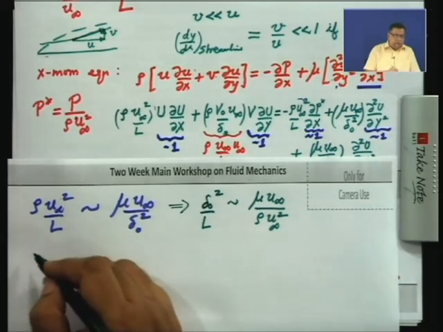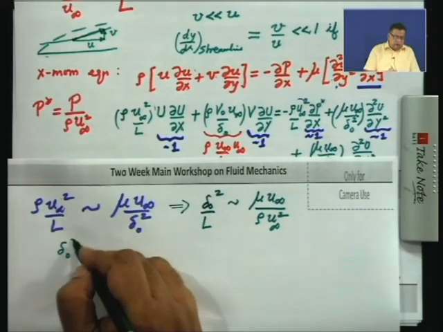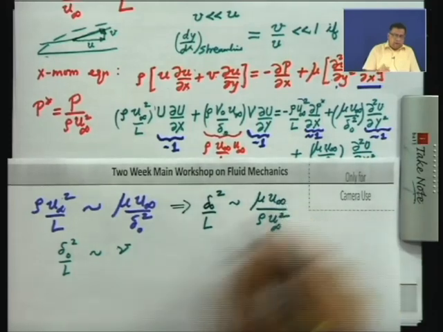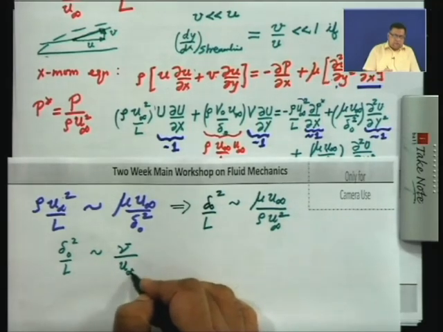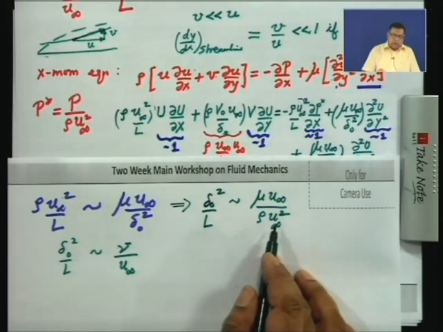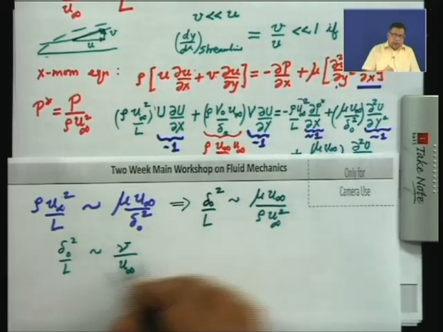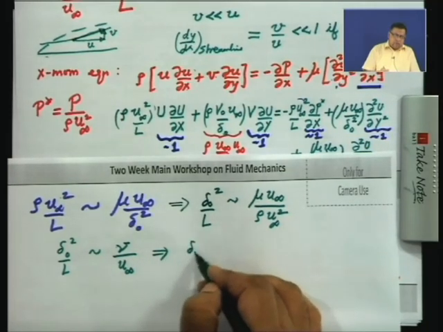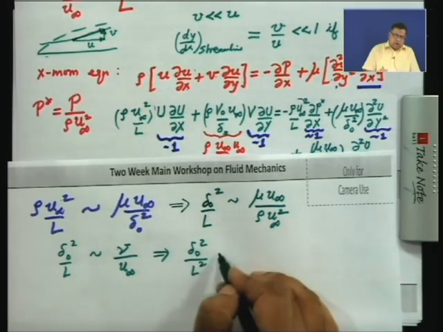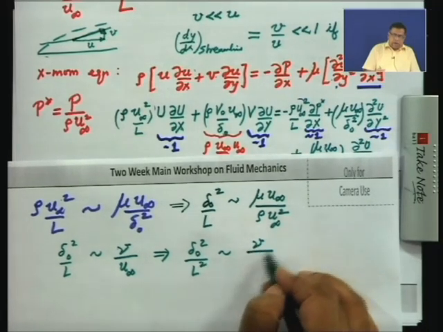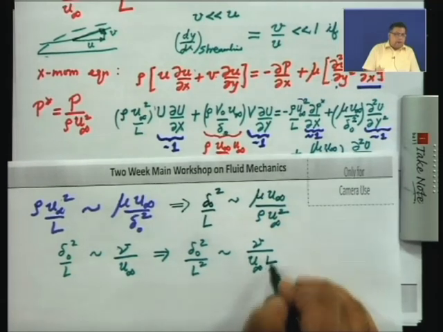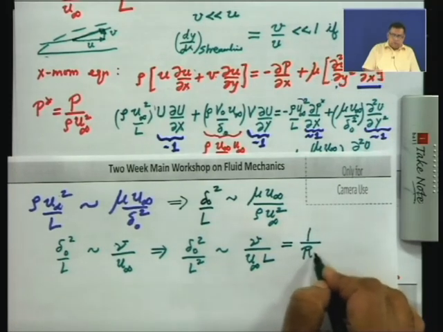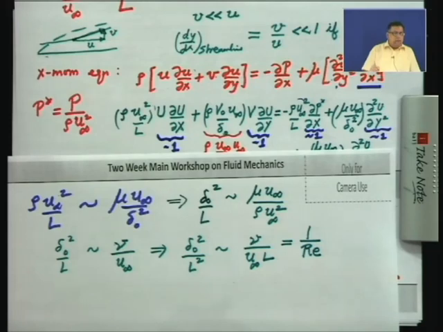Now, this I can write further as delta naught squared by L order, mu by rho I can write as nu, and you have u infinity in the denominator because you have a square here. Now, I can divide both sides by L and write this as delta naught squared by L squared order of nu by u infinity L. Now, this you will recognize as 1 upon the Reynolds number based on the length scale L.